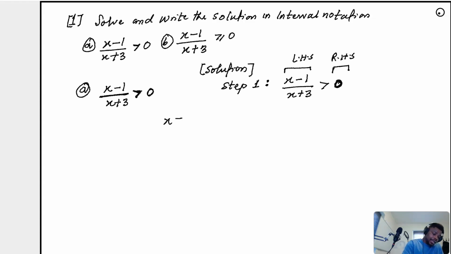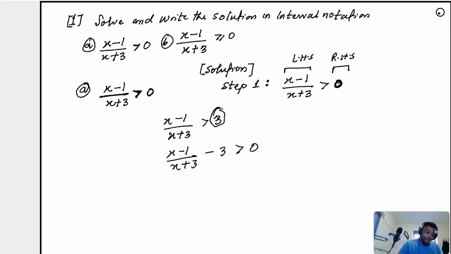So all I'm trying to say is that if you have a question like this, for example, you can see on my right hand side, I have 3. But I always need to make the right hand side 0. So I can take this 3 to the other side. It will be x minus 1 over x plus 3, then minus 3 greater than 0.